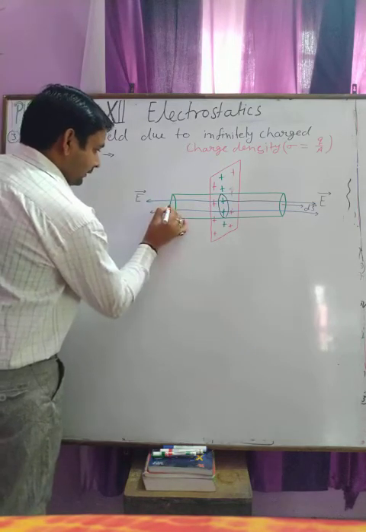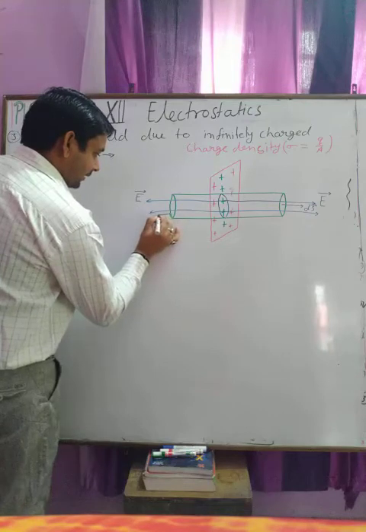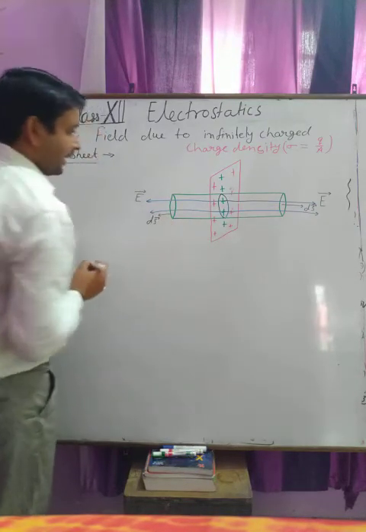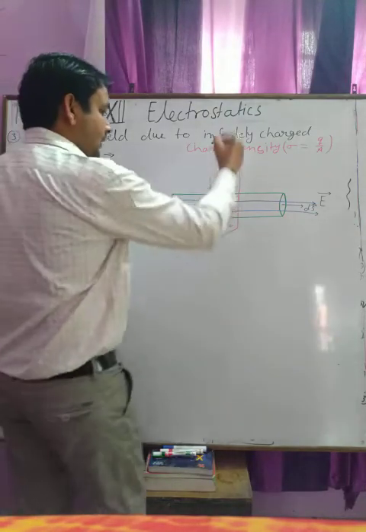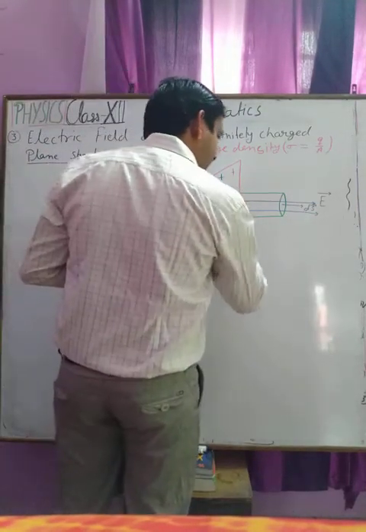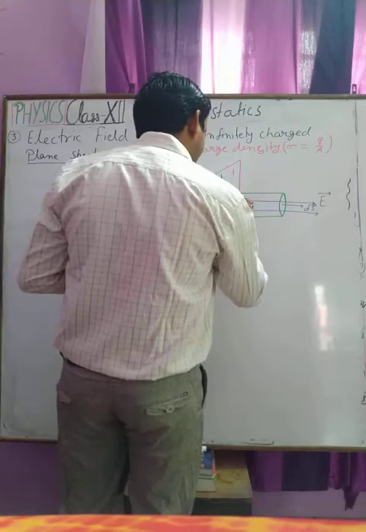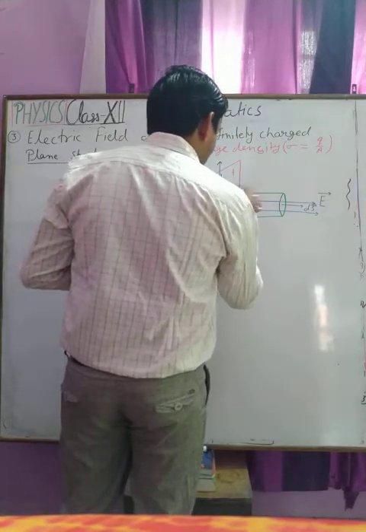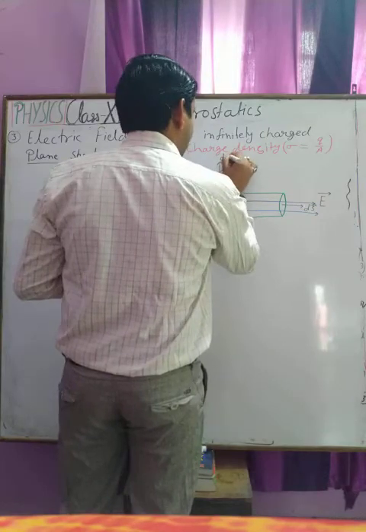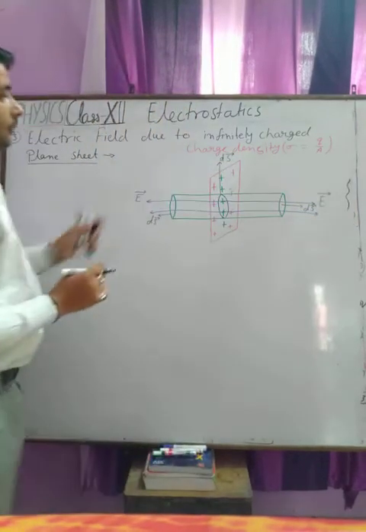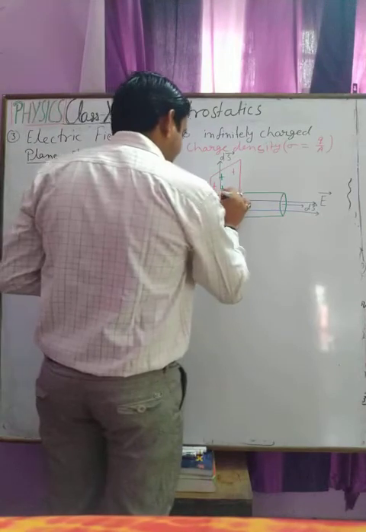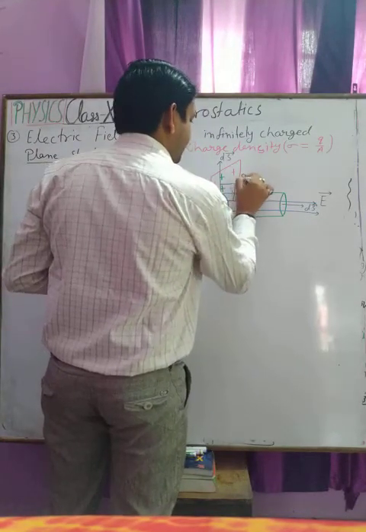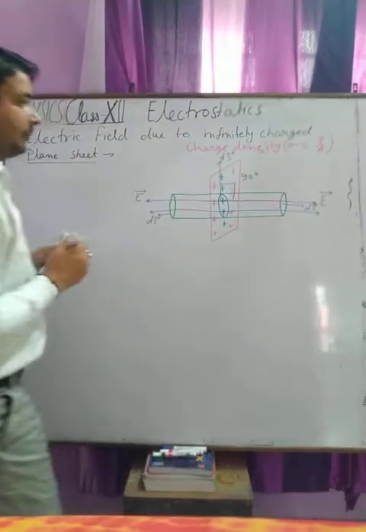For the curved surface the electric field is again in the same direction, but the area vector is perpendicular to the electric field vector, with an angle of 90 degrees.